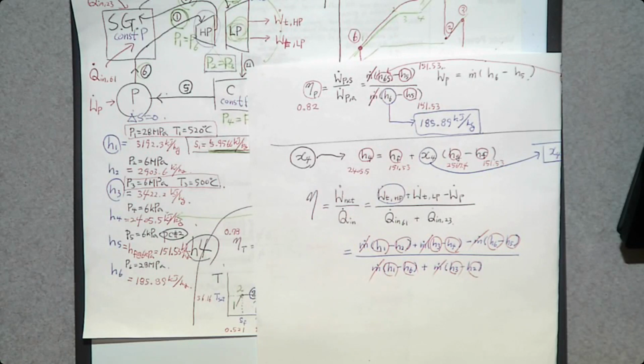But I may say the turbine has this isentropic turbine efficiency, or the other way, the turbine is not an isentropic turbine, but the pump is. So you can at least use one isentropic efficiency equation. Okay.